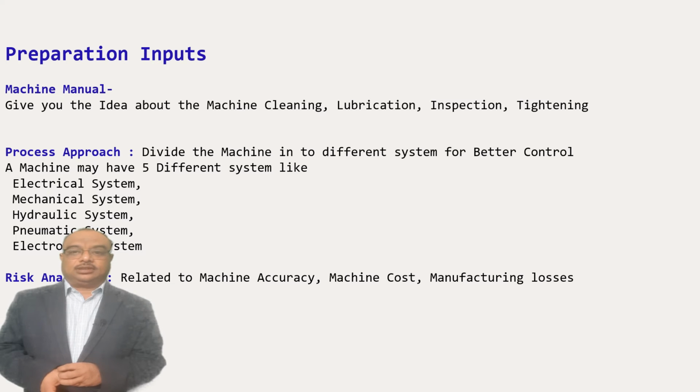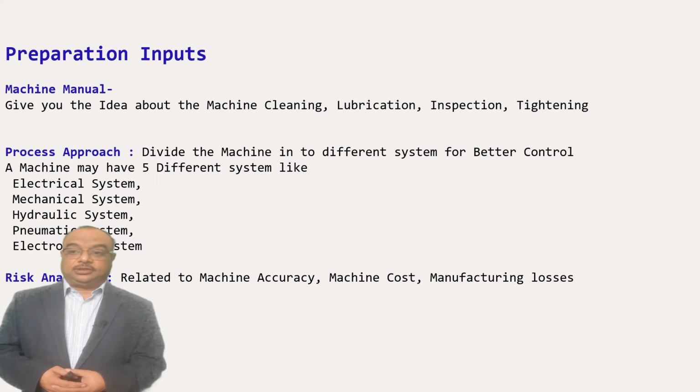The third input is risk analysis. Some machines have a risk related to cost, because sometimes machines are very costly. Some machines have a risk related to accuracy: if we don't maintain that machine according to the manufacturer's guideline, then we cannot achieve the accuracy for the processes.